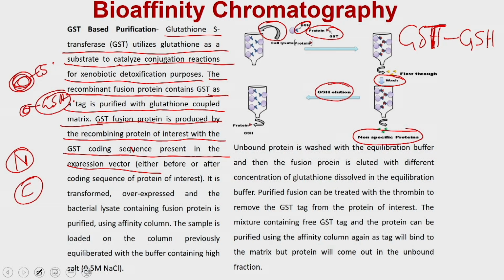Now, you are going to do the elution. You can add a large quantity of GSH, in the range of 20 millimolar to 100 millimolar, and that is going to compete for the GSH which is present on the beads.